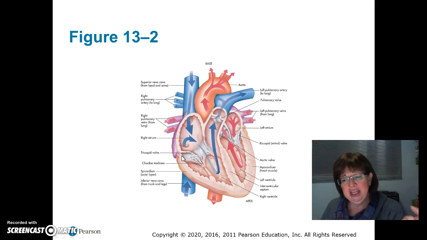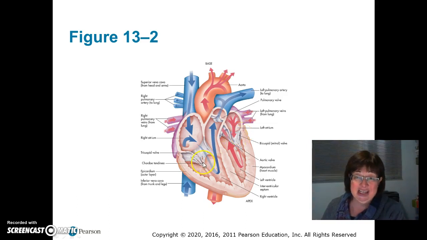In between the atrium and the ventricle are the atrioventricular valves. Valves are placed anywhere you want a one-way flow of blood. The main valves between the atrium and the ventricle are called the atrioventricular valves. However, you need to give them another name.